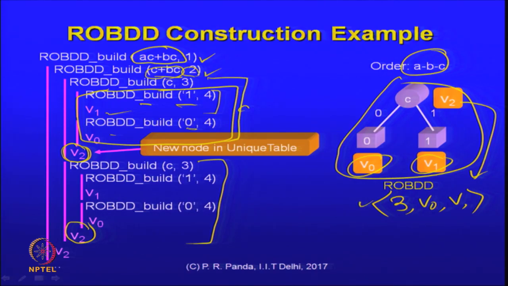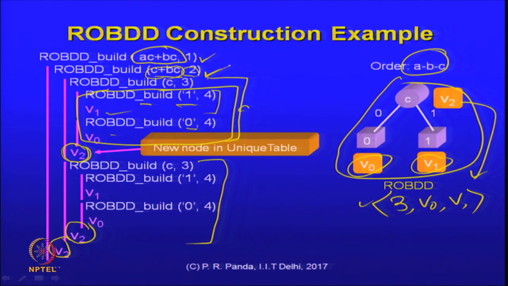So, I also return V2, which means that as I come back to this level here, I find that both of these cofactors are actually same, both are C. Then what do? The V2 is actually what is propagated at that level itself, because both of the cofactors are the same.